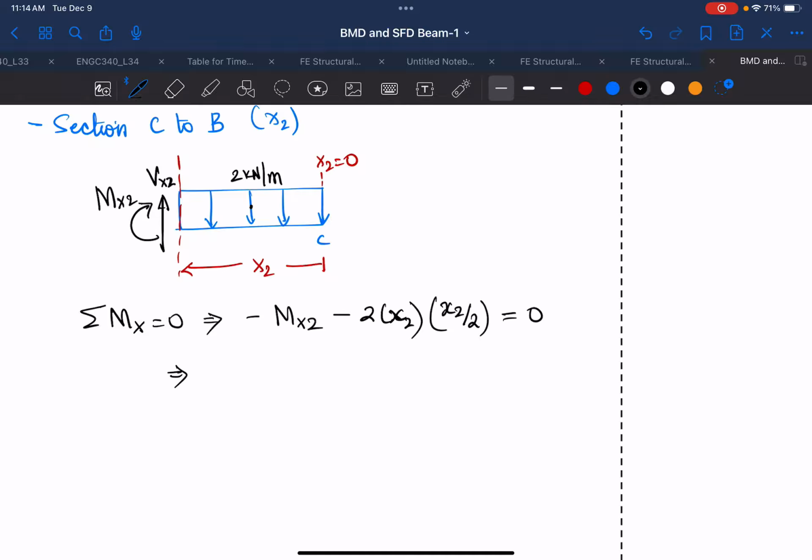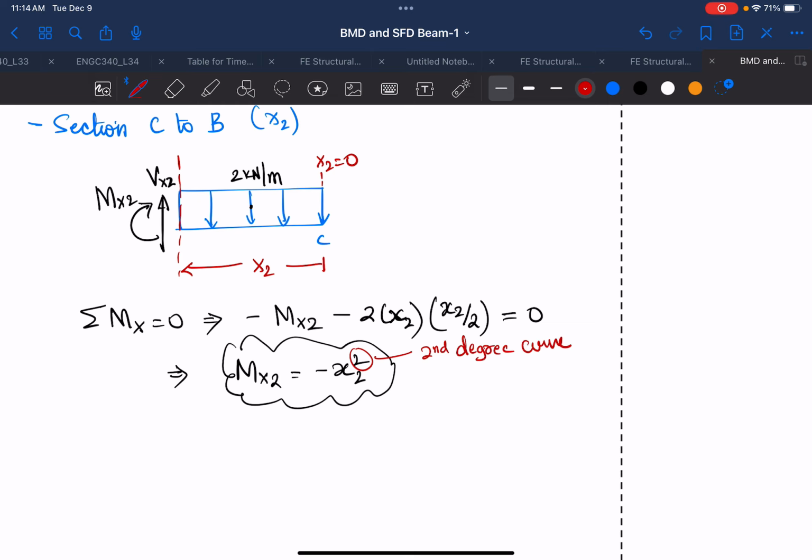Finally we can find here that Mx2 will be equal to minus x2 square. Yeah, so that will be your area, and you'll see that this is a second degree curve, and later on I'll tell you why it is second degree.